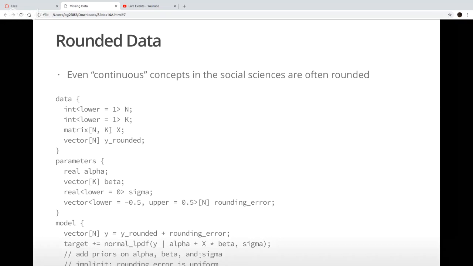But they're the sorts of things that are well within your capacity to do yourself, particularly if you start with brms code, just assume you have the true Ys or whatever, generate the brms code, and then change it to put in the rounding mechanism. No big deal.